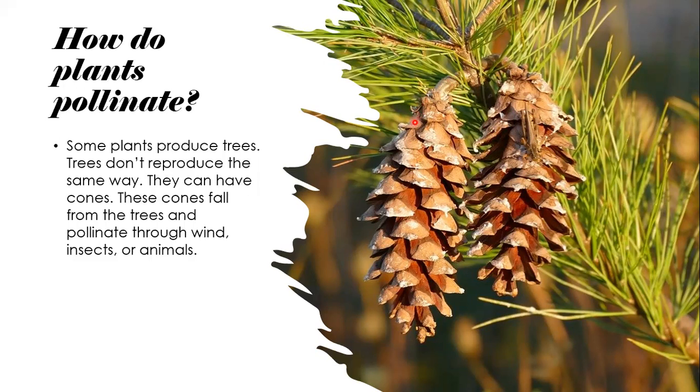Pollen breaks out of the pine cone and travels again for miles and miles, and then lands on the ground, and that's how trees grow. So they pollinate through wind, insects, or animals. They both pollinate the same way, but trees usually don't produce flowers, and flowers usually don't produce pine cones.